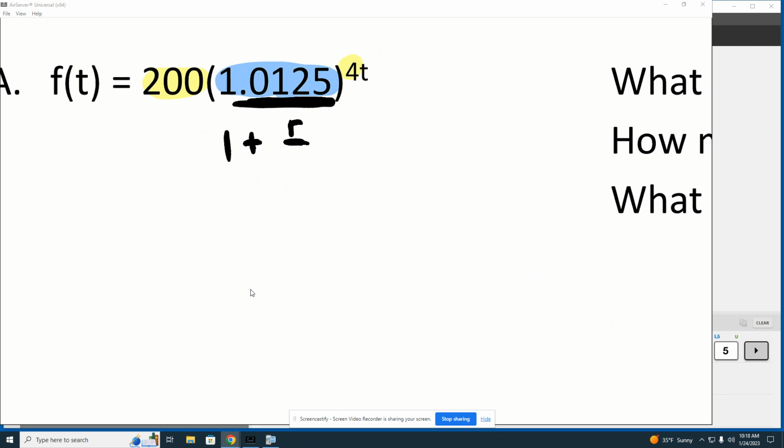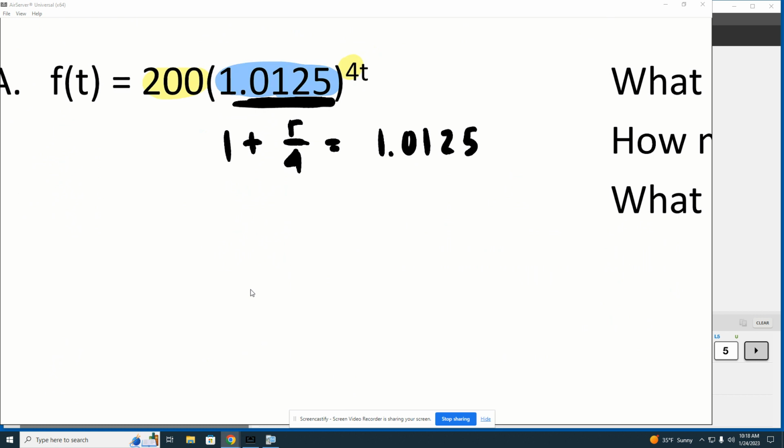The number of times it's compounded per year. It's the same as this number right here, remember? So we do know N. So here's the deal. That's how we come up with that value, don't we? So can't we take that equation and set it equal to 1.0125? And then can't I just solve it?